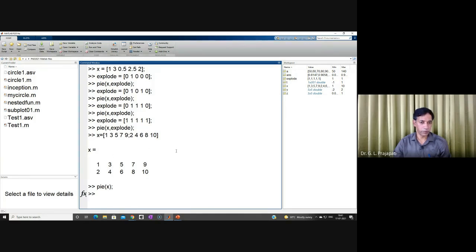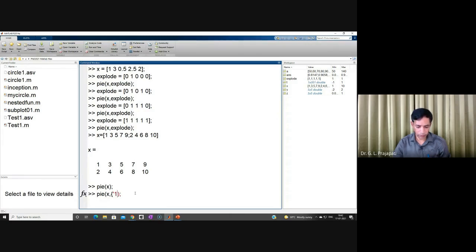So if you have the matrix, then it goes like this: 1, then 2, 3, 4, 5, 6, 7. You can also have the labels.